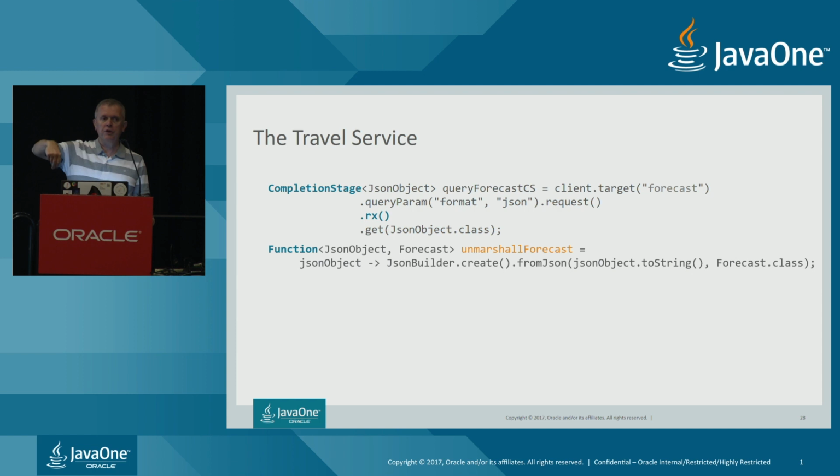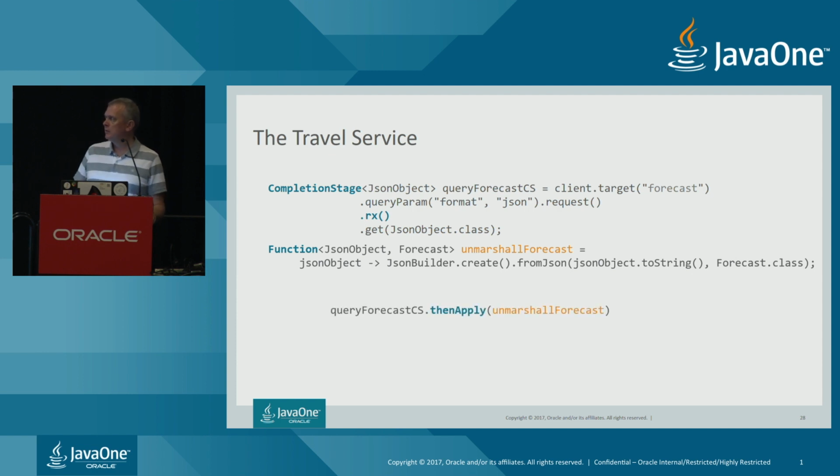This is a function that just takes a JSON object and unmarshals it into a forecast object that I can use, right?